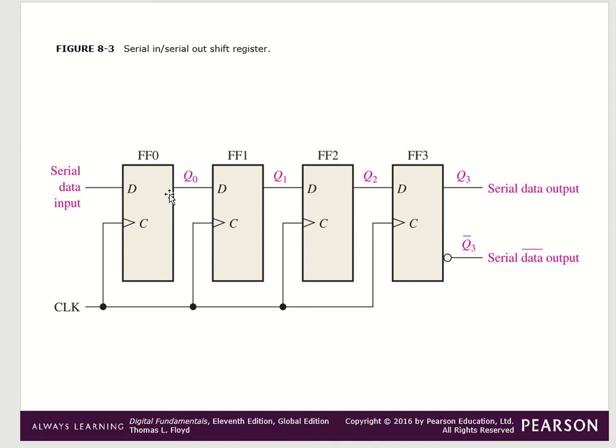The first flip-flop output is connected to the input of the second flip-flop, the second output to the input of the third one, and the third output to the input of the fourth one. Serial connection, so serial in and serial out. So this is the drawing of the 4-bit shift register.